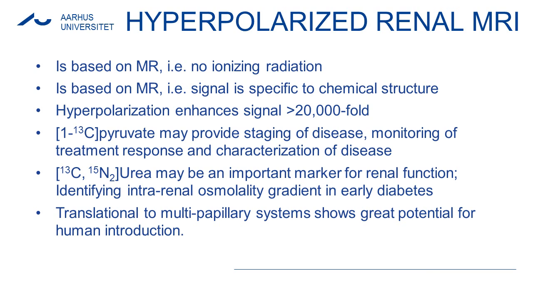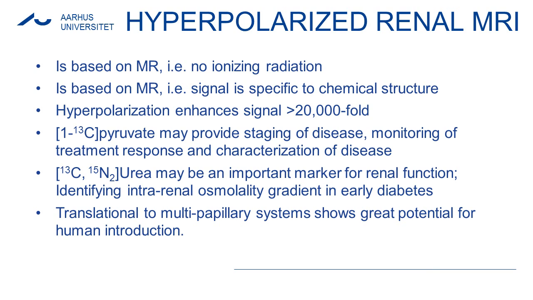With previous results, we've shown that carbon-13 pyruvate may provide staging of diseases, monitoring of treatment response, and characterization of diseases which are metabolically changing. However, in this study, we demonstrated that the non-metabolic urea signal may be an important marker for renal function because it can identify the intra-renal osmolality gradient in early diabetes.